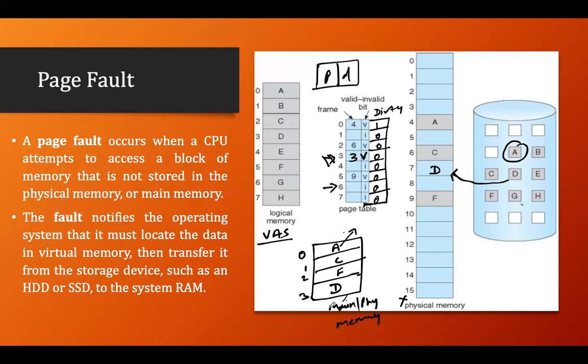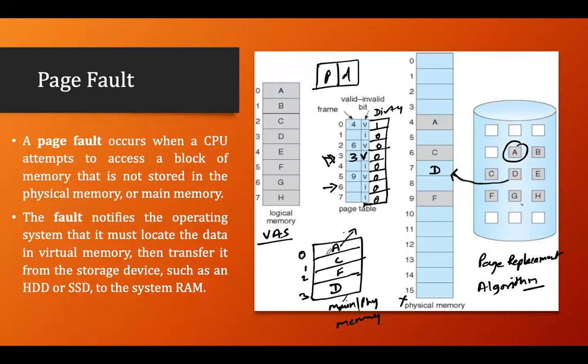And which particular page will be replaced is taken care of by the page replacement algorithm. We have many page replacement algorithms which will tell us which page has to be replaced.